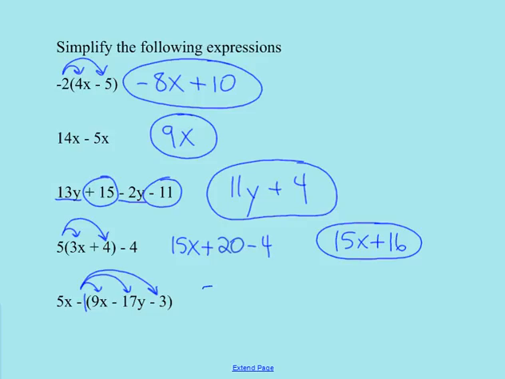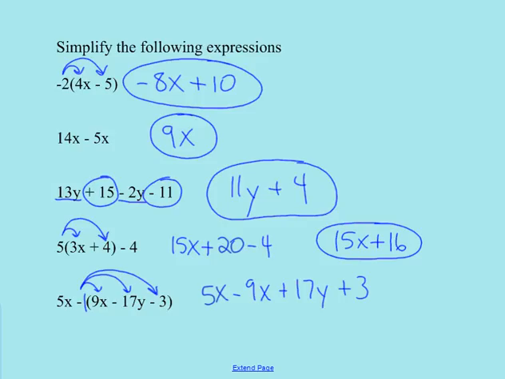So we have our 5x that's out in front. We're going to leave that alone for right now. Negative 1 times 9x would be negative 9x. Negative 1 times negative 17y would be positive 17y. And negative 1 times negative 3 would be positive 3. Now that we've distributed the negative sign, we can look to combine like terms.